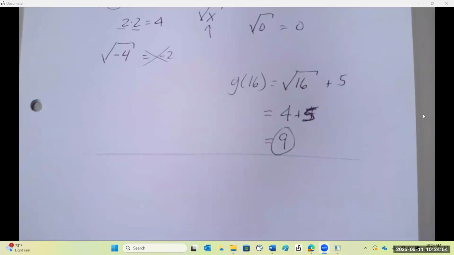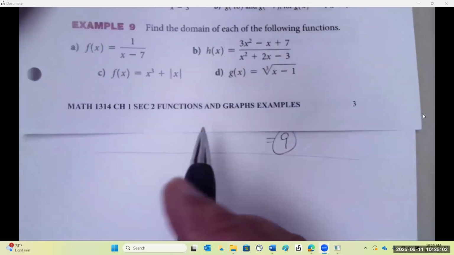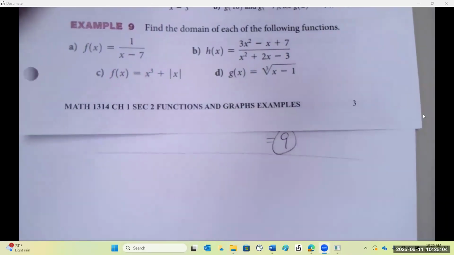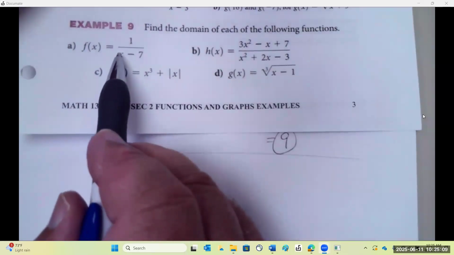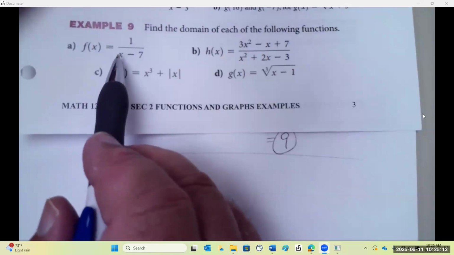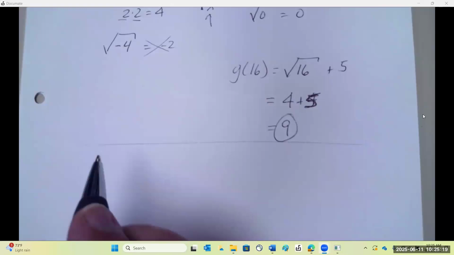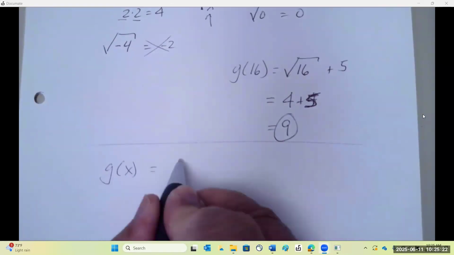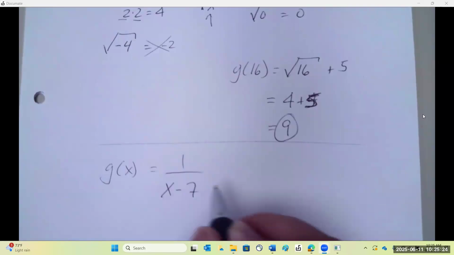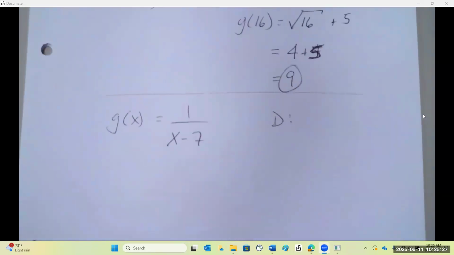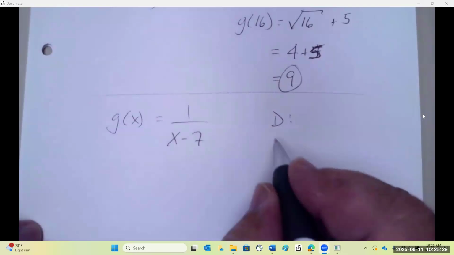And in the next example, I'm not going to waste your time with it because I'll show you what they look like. It says, find me the domains of each of these. The only one we can figure, what's the domain of this one? Let's look at that one. What's my domain? We know automatically x cannot equal what?